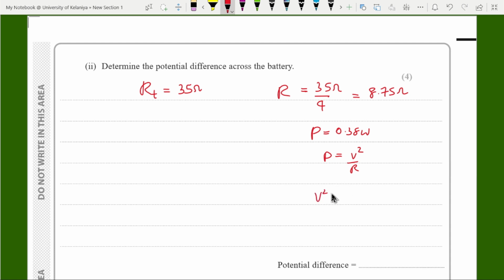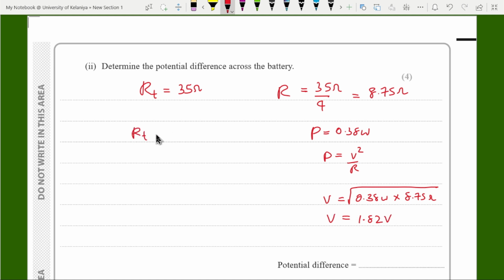So V square is equal to P times R. So V is equal to the square root of P, 0.38 watt, times R, 8.75 ohms. If you calculate this, what you will get over here is 1.82 volts.